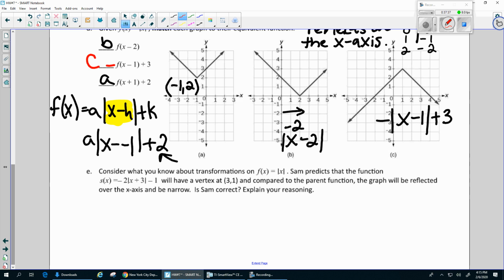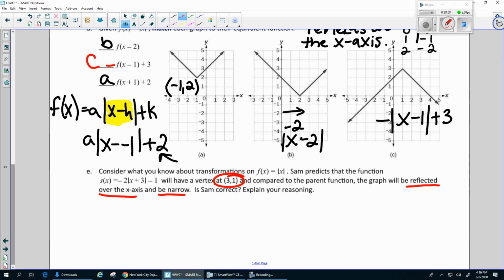Considering what you know about transformations on f of x is equal to the absolute value of x, Sam predicts that the function s of x equals negative 2 times the absolute value of x plus 3, minus 1, will have a vertex at 3, 1, and compared to the parent function, the graph will be reflected over the x-axis and be narrow. Is Sam correct? Explain your reasoning.